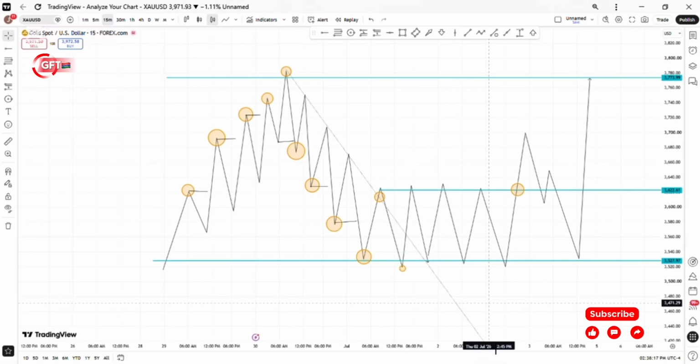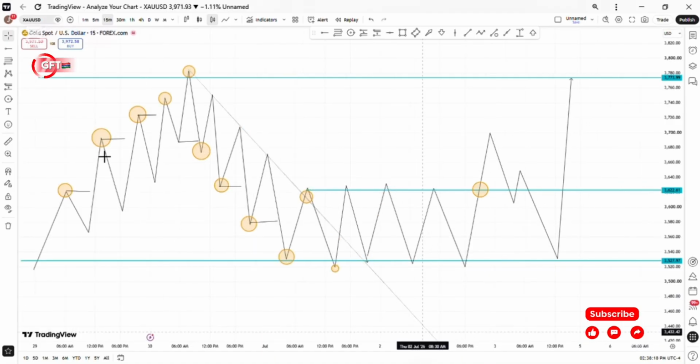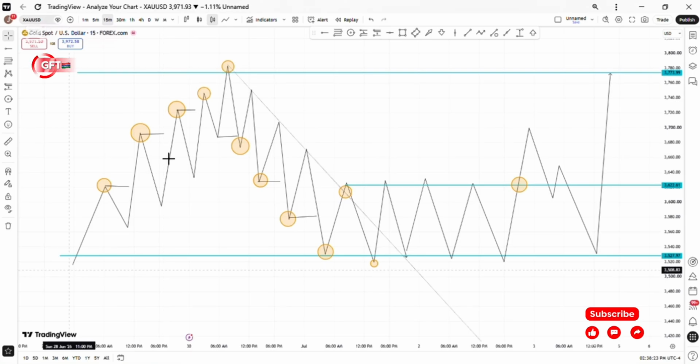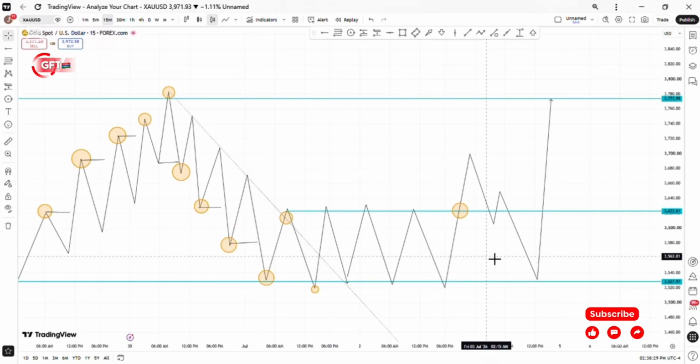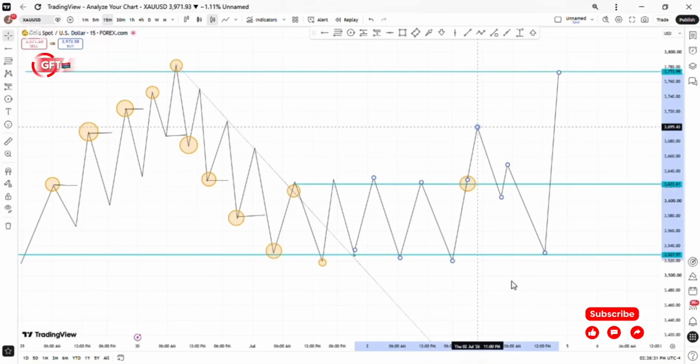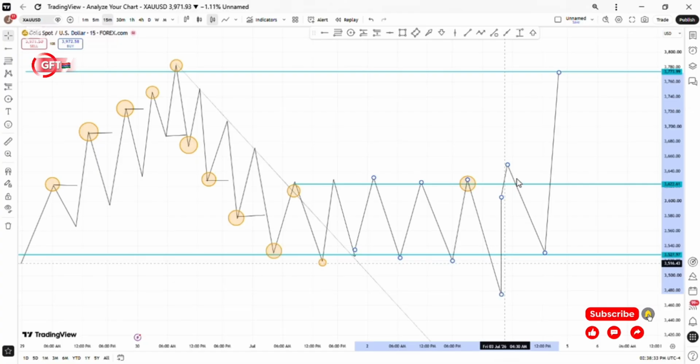But right now what I want to show you is how you can identify your uptrend, downtrend and ranging market. So if price breaks your support, same thing.